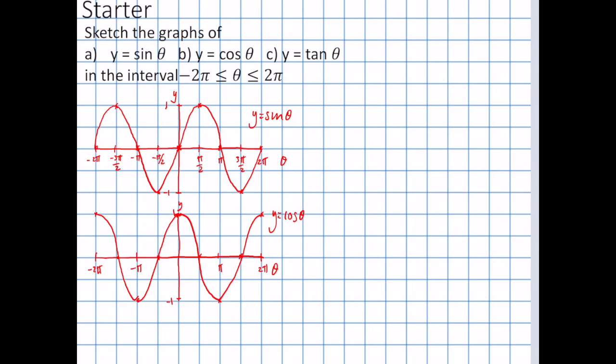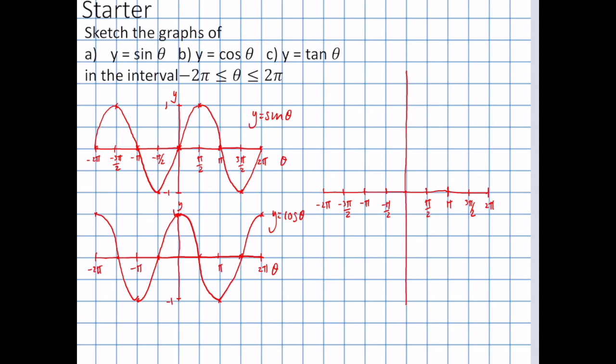Let's do tan over here. 1, 2, 3, 4. Going to have a bit of a bigger y-axis. 1, 2, 3, 4. Again, there's pi. There's 2 pi. Let's mark off pi over 2. That's a useful value. And 3 pi over 2. On this side, minus pi over 2, minus pi, minus 3 pi over 2, minus 2 pi.